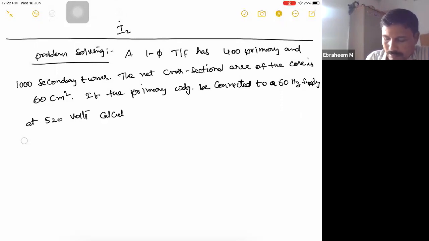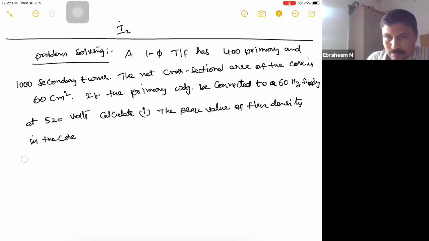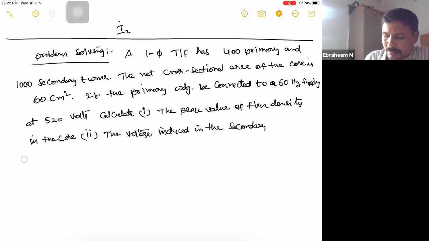calculate the peak value of flux density in the core. Second, the voltage induced in the secondary winding.